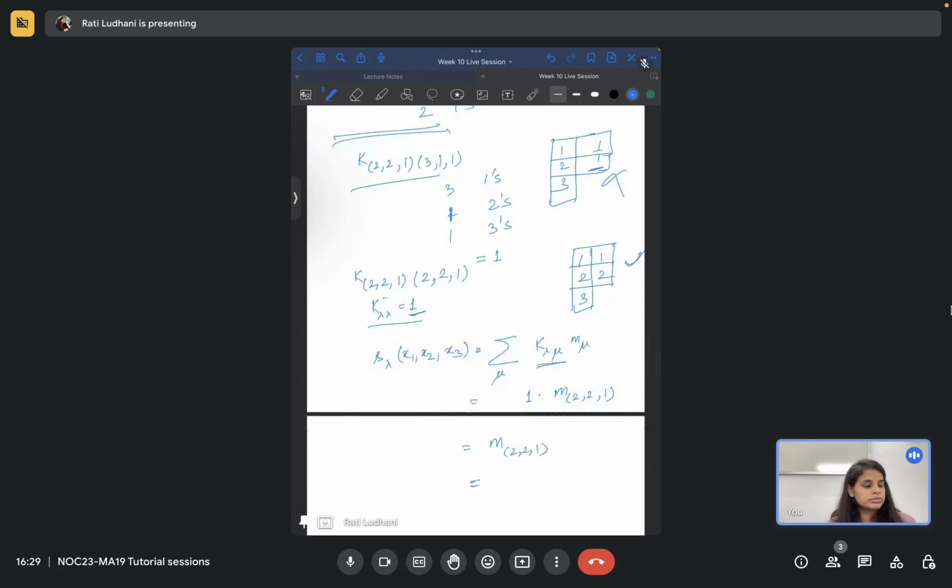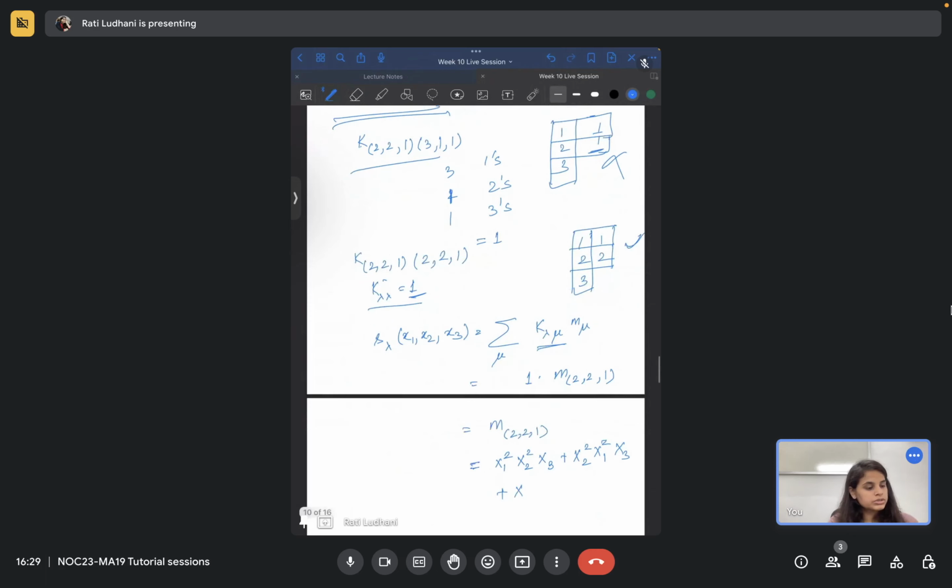So what will it be? x1 raised to power 2, x2 raised to power 2, x3, plus x2 square x1. You do permutations, and next you can have x1 square, x3 square and x2. So this is exactly M221.